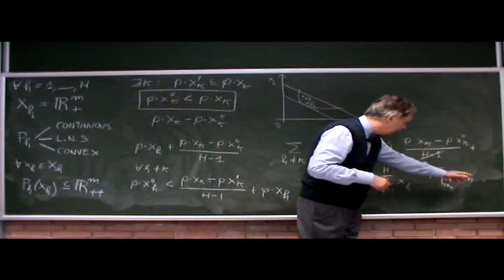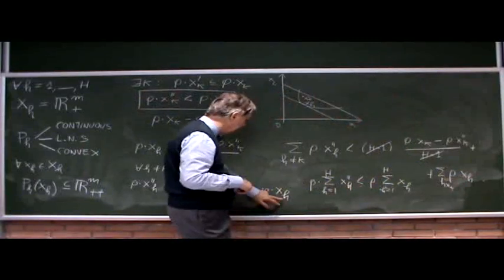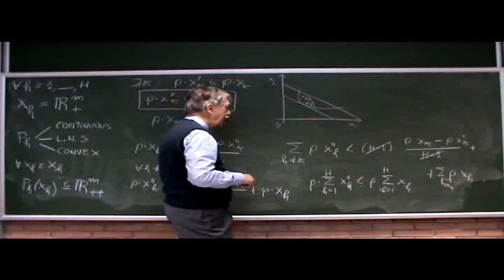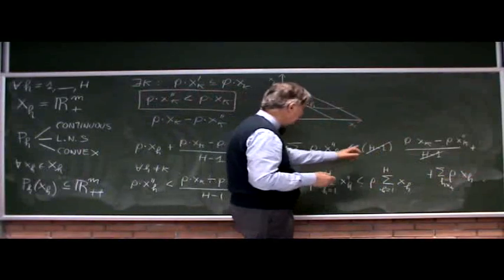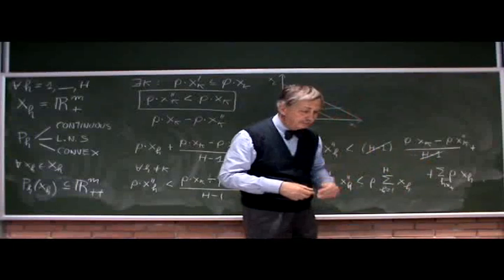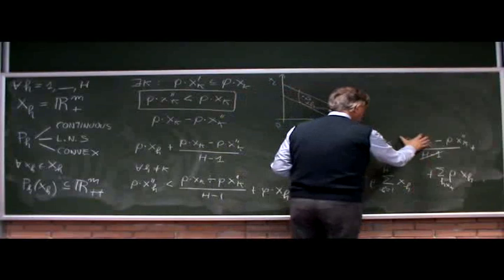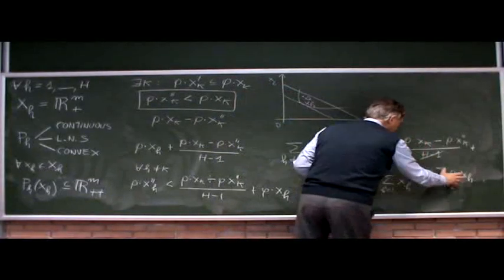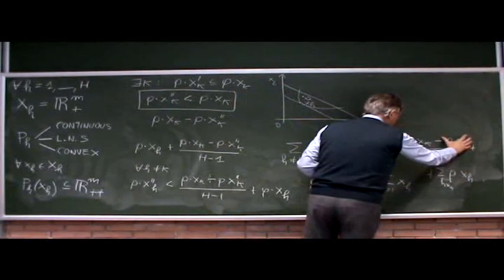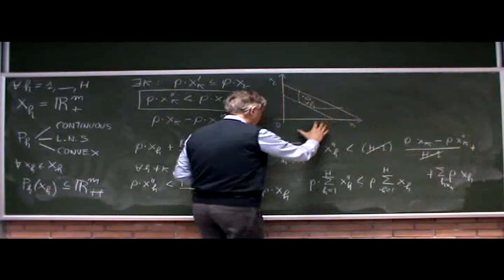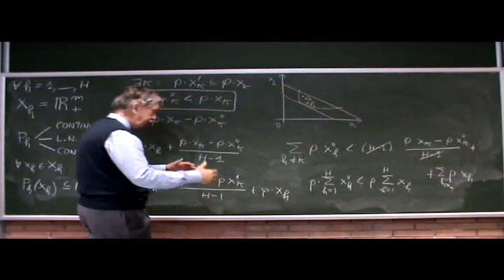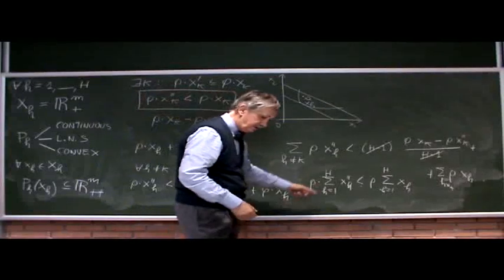The other is the sum of these p times xh. But this H minus 1 can be simplified, and then you simply take this inner product, introduce it in this side. Take this inner product and introduce it in this side. In the end, you obtain this result.